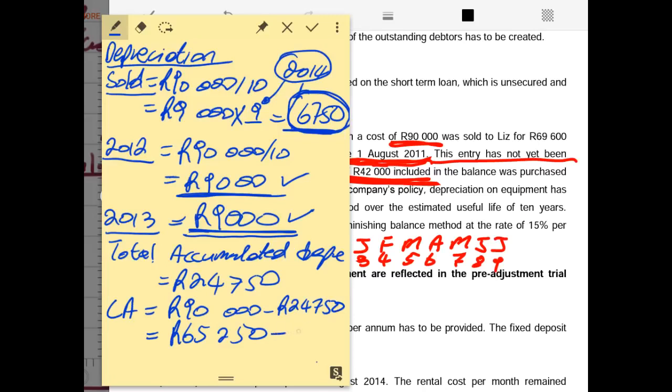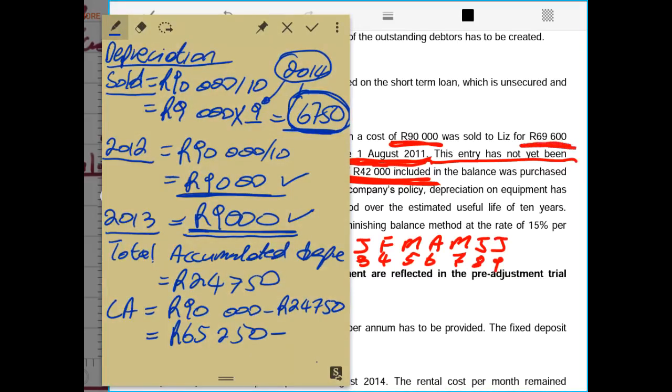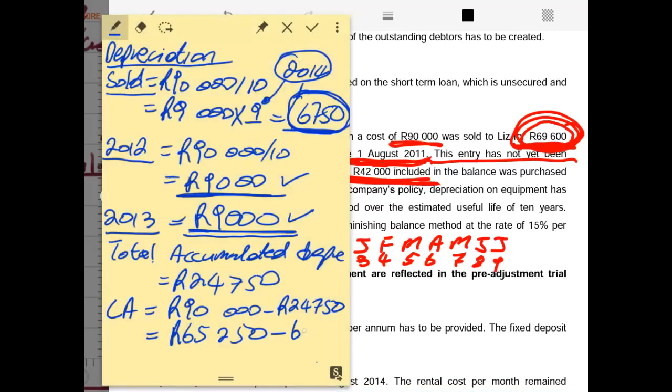But we have noted that this asset was sold for 69,600. See there on the white page, 69,600. That was the price the asset was sold. So now if you see the selling price is bigger than the carrying value. If the selling price is bigger than the carrying value, it therefore means that a profit was made on the disposal of this asset.